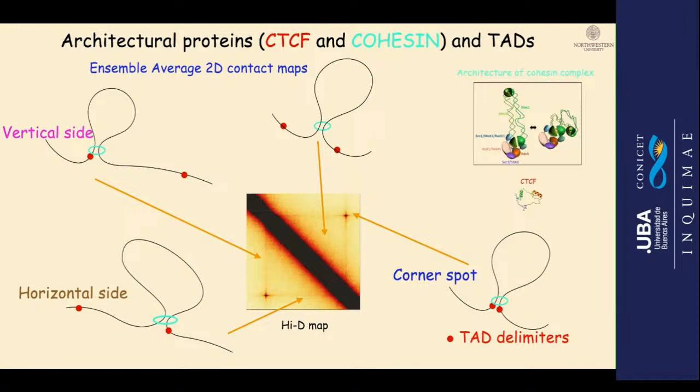When the extrusion halts between the convergent CTCF sites, it creates a loop structure, and depending on where the loop anchor lies, we observe distinct signals in the Hi-C matrix.